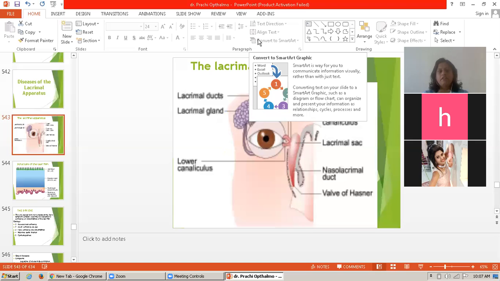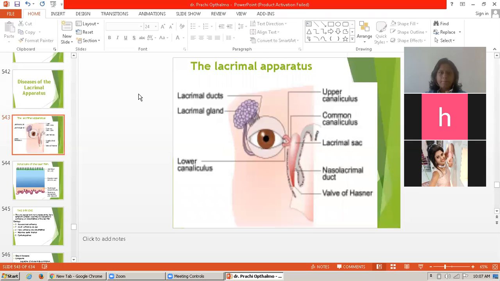So, when we study the lacrimal apparatus, in this diagram we can see that this is a lacrimal gland, and from that the lacrimal duct is coming.